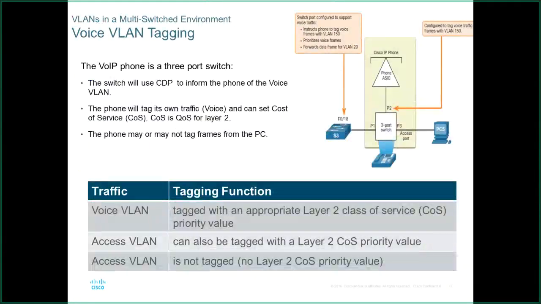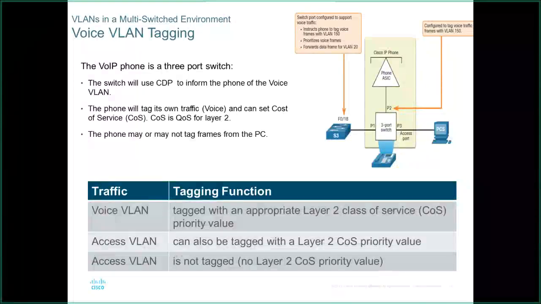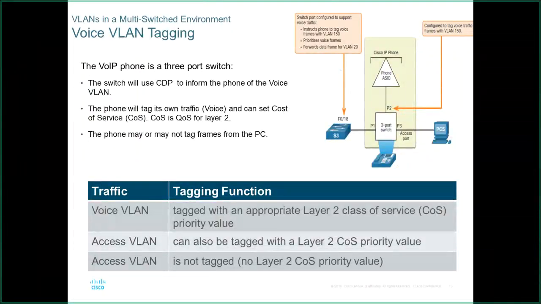Now, as I said before, we do some funky stuff with VLAN tagging for voice, and here's a breakout of the IP phone. Within the phone, it has a 3-port switch. Port 1 faces the traditional layer 2 switch. Port 3 connects to our PC, and port 2 is an internal port where our voice VLANs attach.